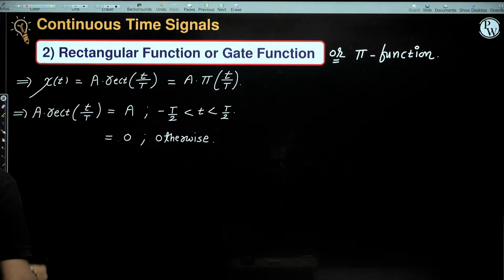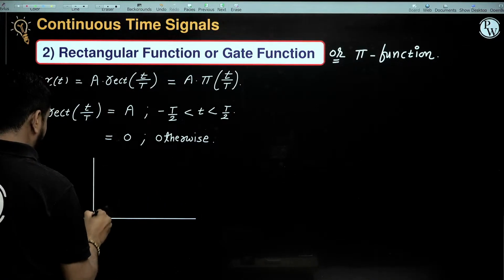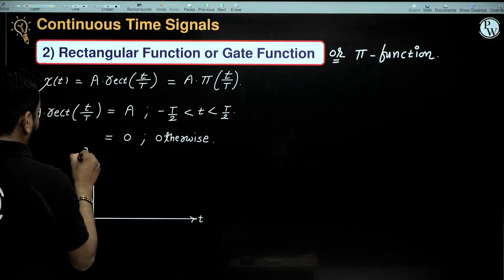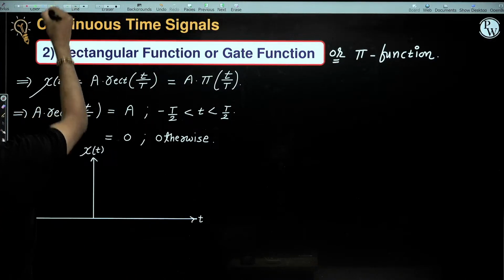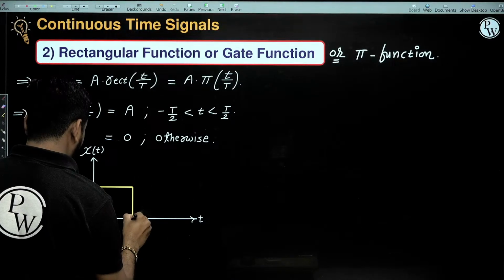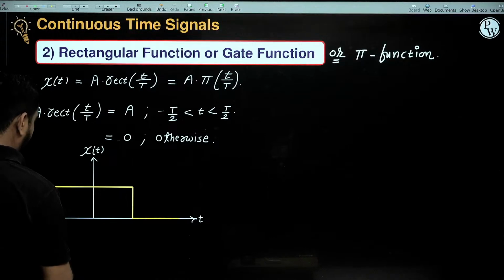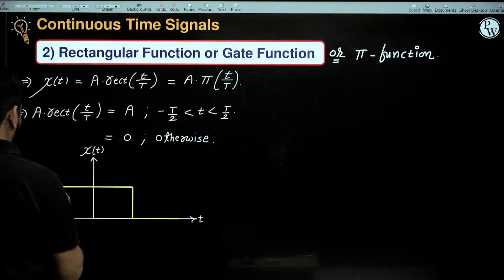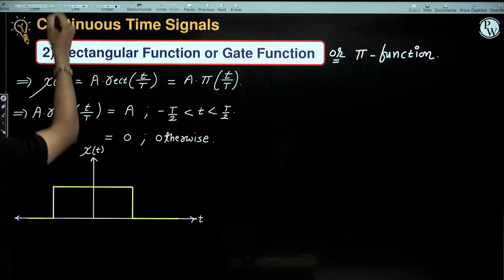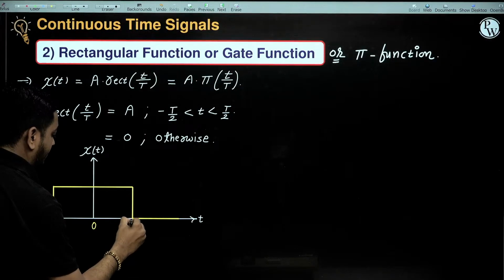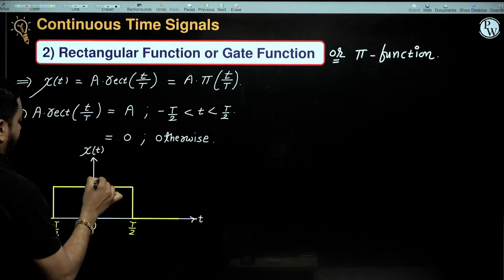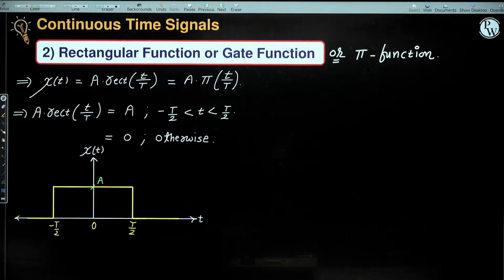This is the standard form. So you can see, between minus T by 2 and T by 2, the amplitude is a constant A, and greater than T by 2 and less than minus T by 2, the amplitude is 0.